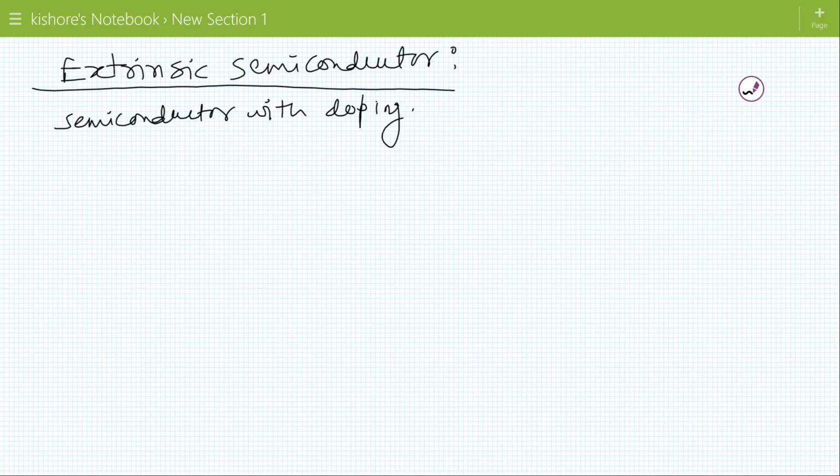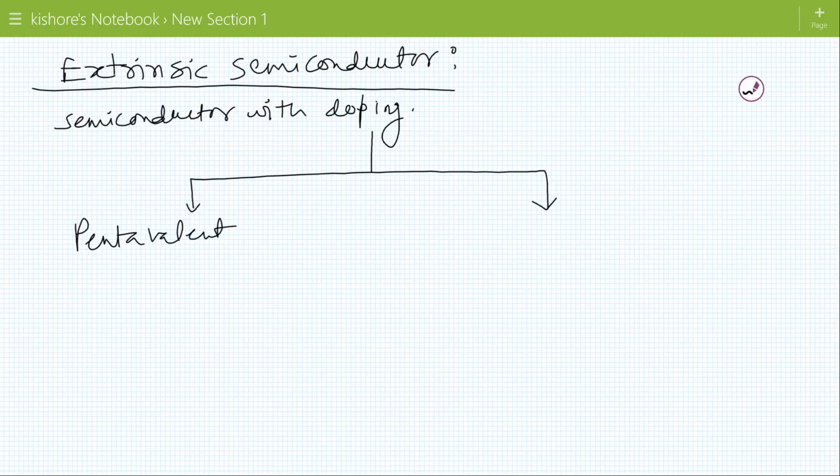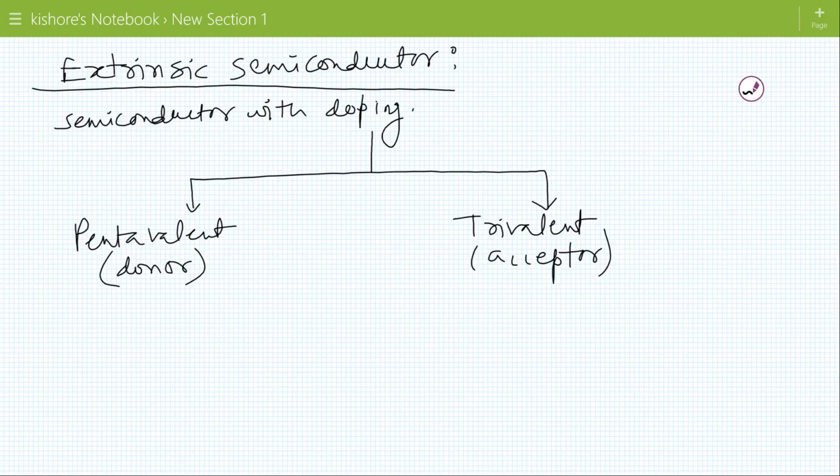Now we have two types of doping. First is pentavalent or donor impurity, and second is trivalent or acceptor impurity.